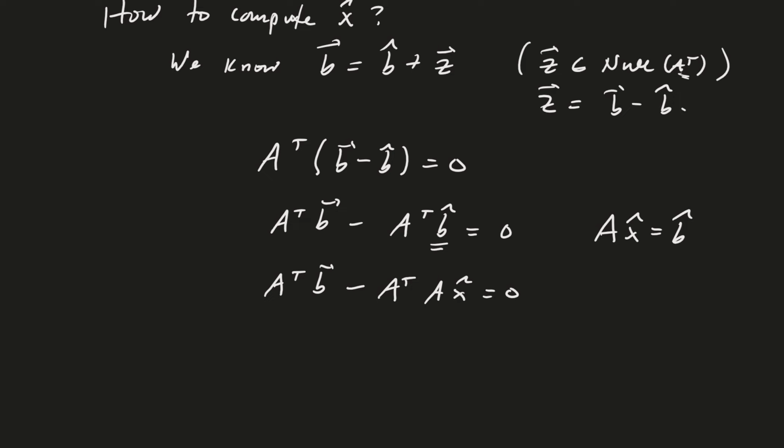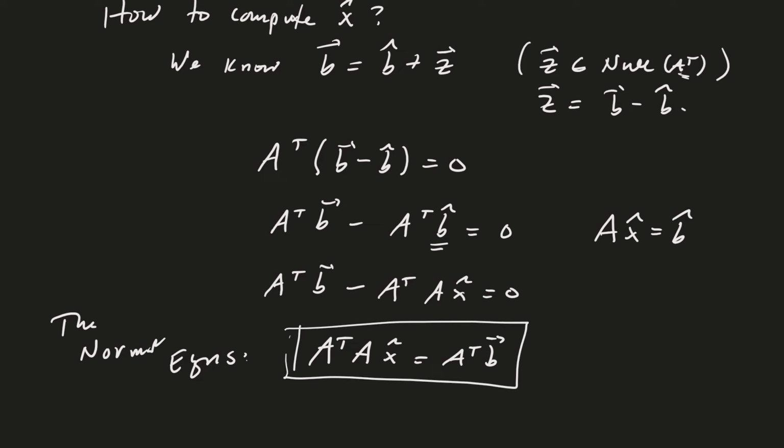And so now we get what's called the normal equations. And that is that A transpose A times x hat equals A transpose times b. So this equation does have a solution, because this is what x hat has to satisfy. So x hat satisfies the normal equations.